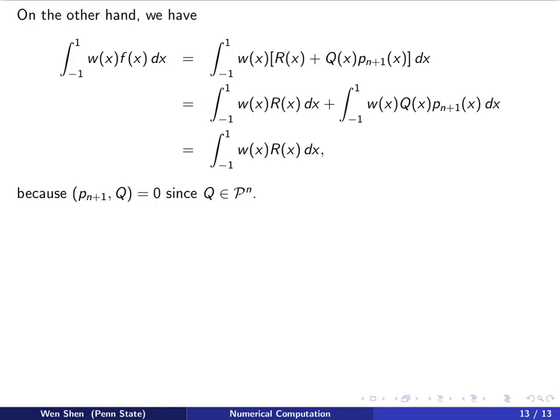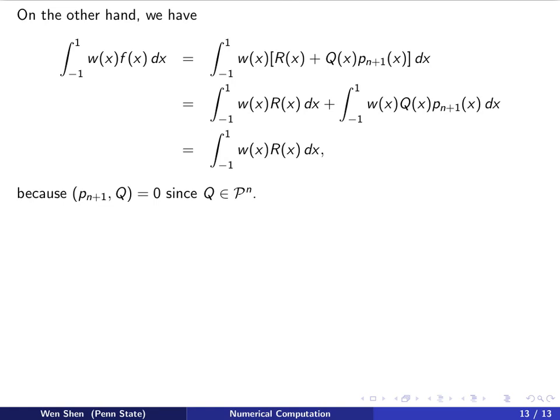Now, on the other hand, let's look at the exact value of the integral from -1 to 1 of w times f. We plug in the expression for f that we rewrote. We apply the distributive rule, distributing the multiplication into each term, and we break it up into two integral terms. The first part is w times r, and the second part is w times q times P_{n+1}.